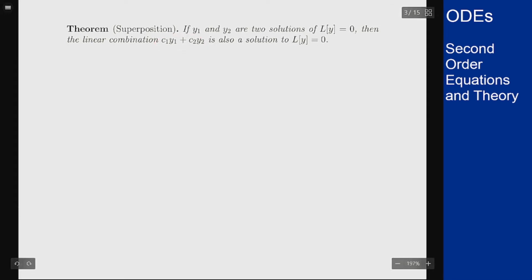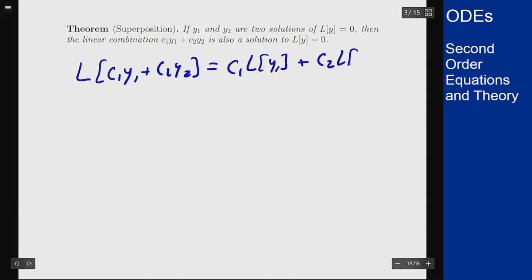This really comes down to a more fundamental property of linear equations, that they are linear in this operator sense, meaning that L of c1y1 plus c2y2 equals c1 L of y1 plus c2 L of y2. In essence, this L operator is linear: I can split it over pluses, and I can move constants out front.